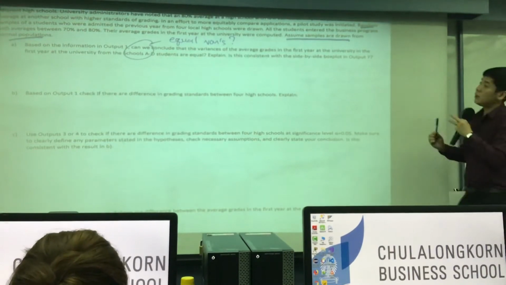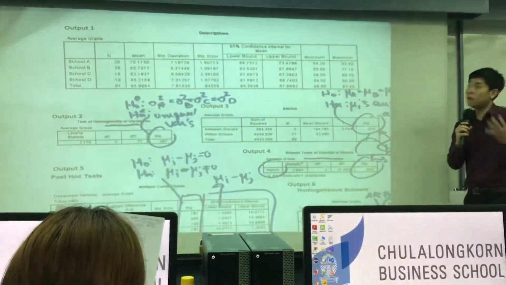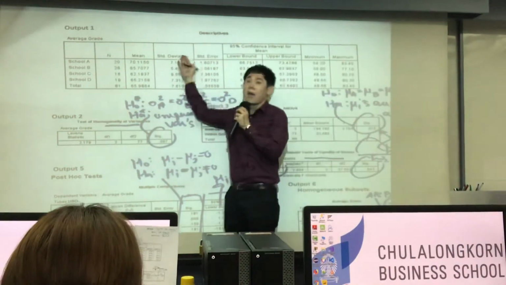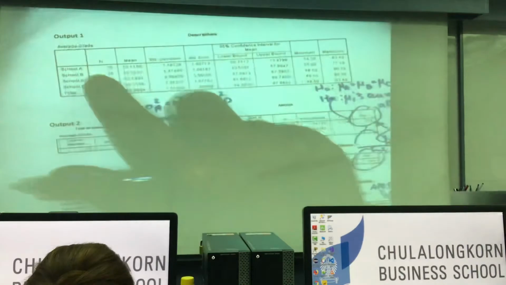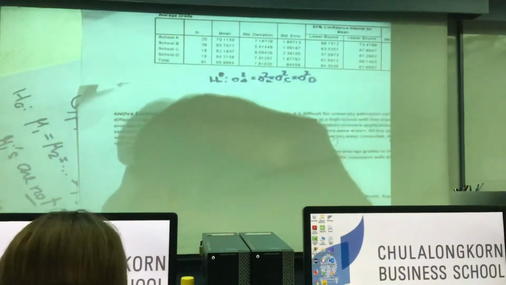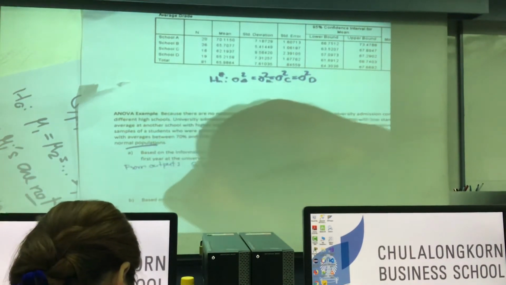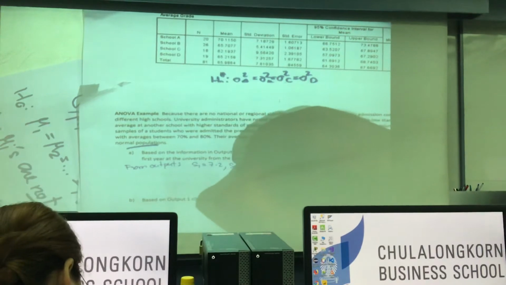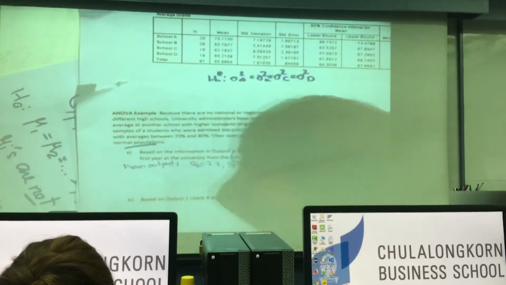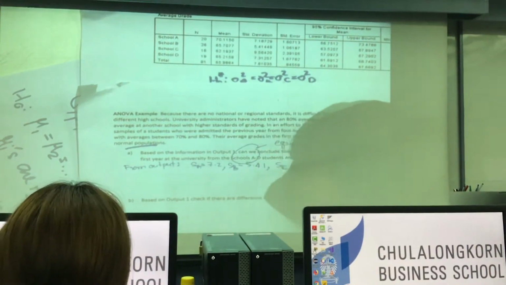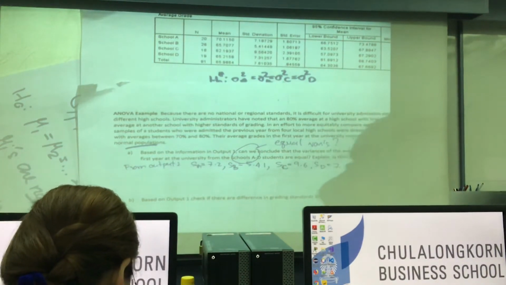Output 1, right? Based on output 1, this one. The question asks for variance. So basically what you do is compare S. Your key is to talk about S. So in this one, I say from output 1, S1 equals 7.2, S2 is equal to 5.41, S3, or SA, SB, SC, right, equals 9.6, SD is equal to 7.31.